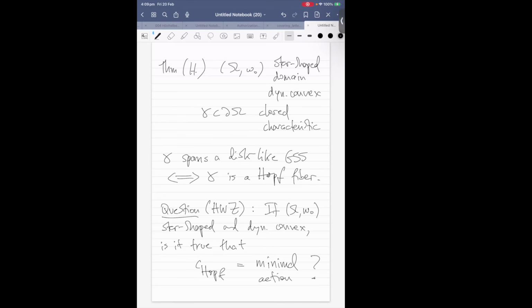That was answered in the convex case by Abondandolo, Kang, and Edtmair. The original question by Hopf, Wysocki, and Zander was for the dynamically convex case. And so actually the question was about whether the minimal action is the action of a periodic orbit spanning a global surface of section. And that's the same thing as saying that it's a Hopf orbit. And that's why I write here this question as just asking whether C Hopf is equal to the minimal action. So this question remains open. It's answered in the convex case.